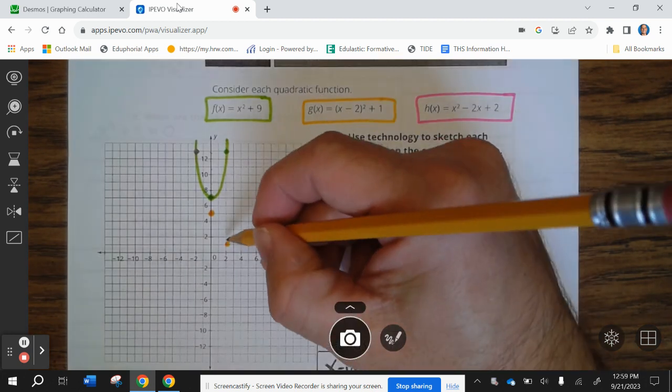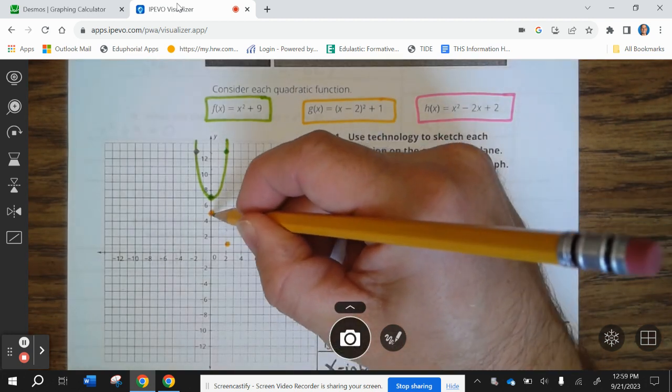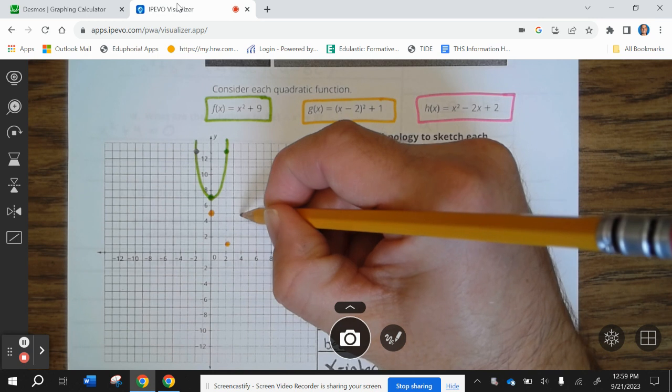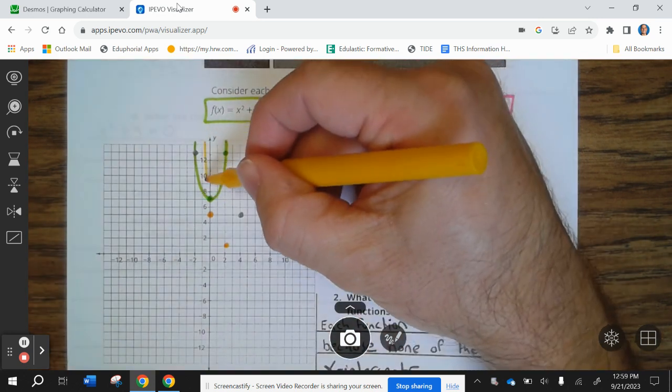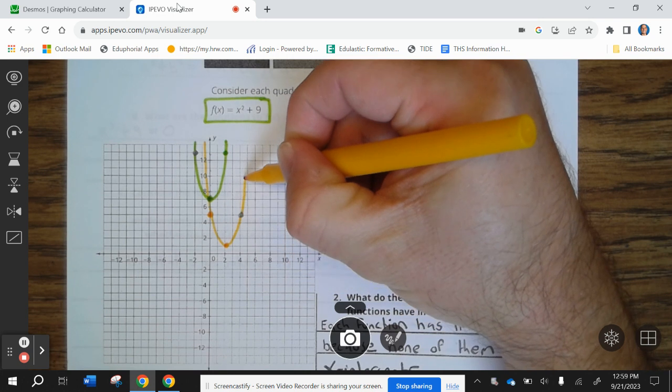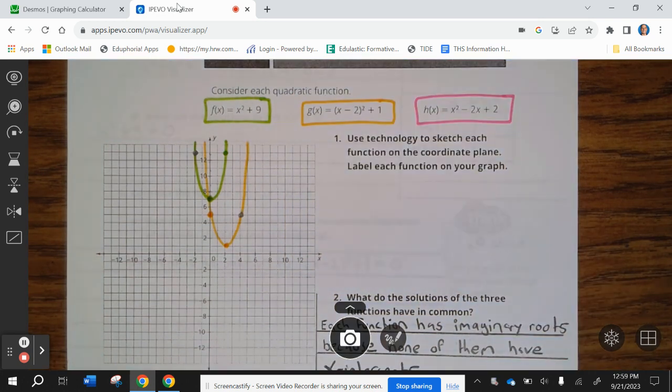Now, if I go up 1, 2, 3, 4 to the left 2, I have to go up 4 to the right 2. All right, let's take a look at the last graph.